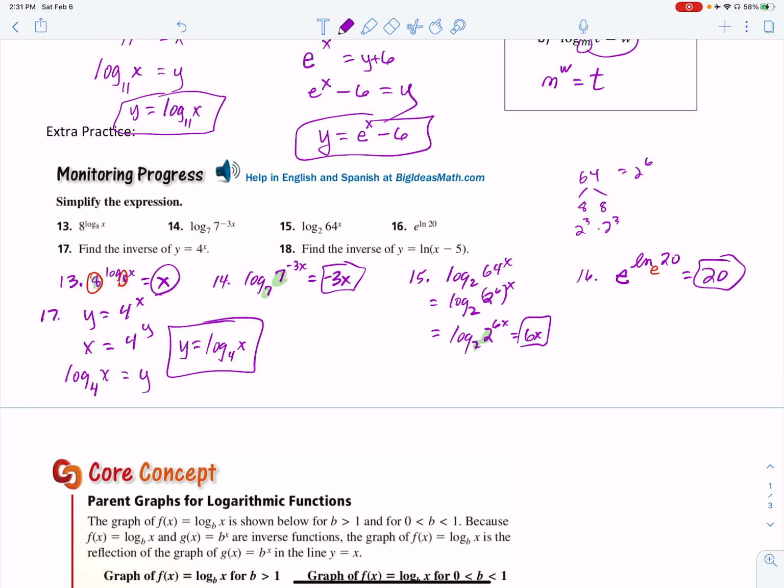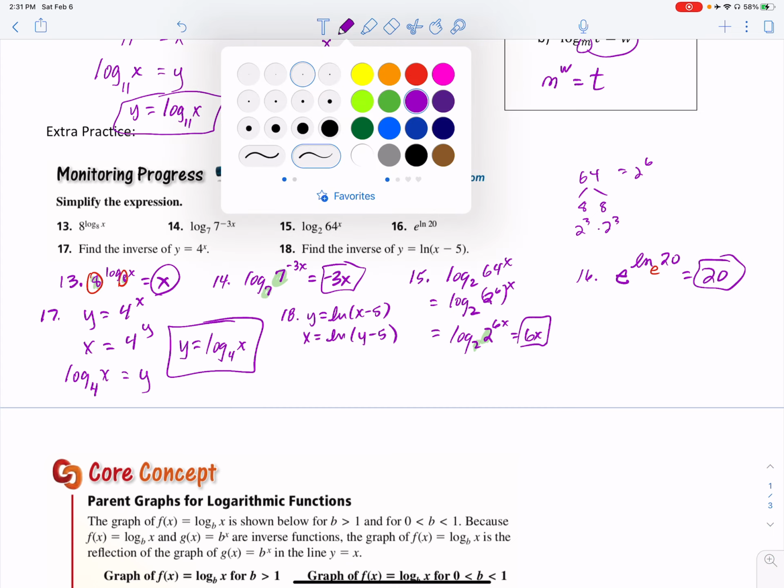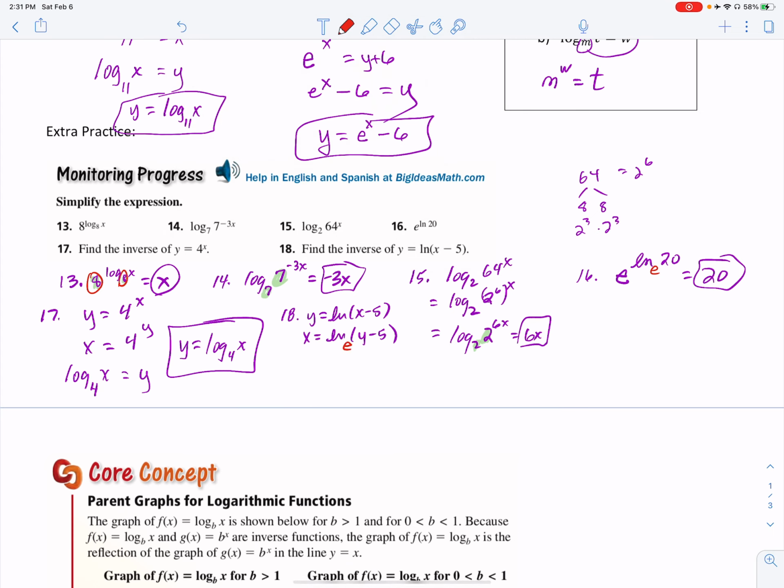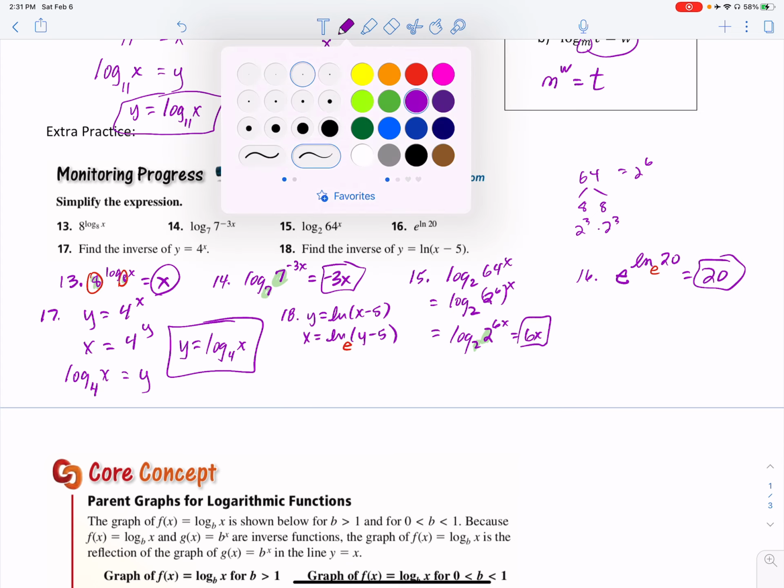And then 18, I'm going to run out of space here. For 18, I switch x and y. And then I'm going to rewrite this in exponential form. And I know that my base is understood to be e.